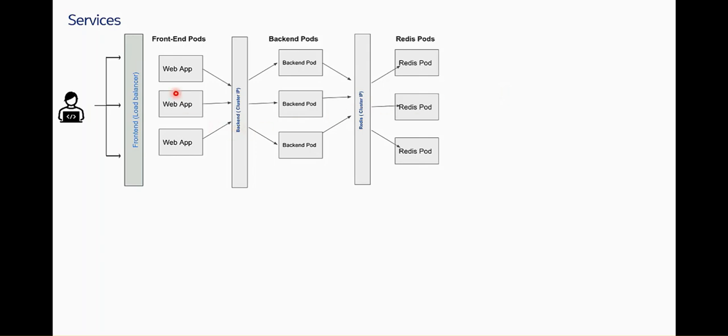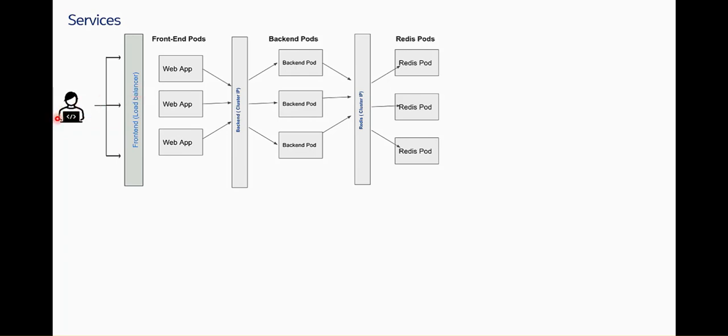So let's assume this three-layer web application again, wherein you have a web server as your front-end pods, then a back-end pod set, and a set of database pods like Redis. You, as a user, are sitting outside the cluster.